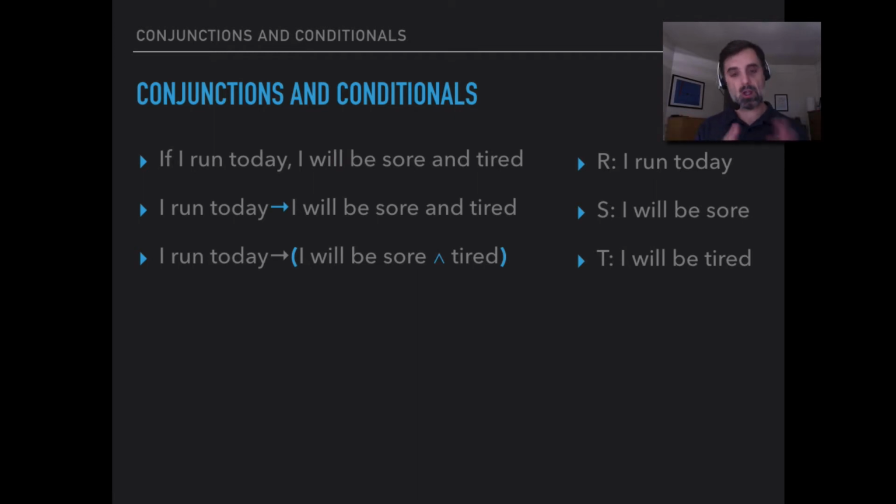The conjuncts are whatever is inside the parentheses, and we want to make sure that the left conjunct is just I will be sore. So we put in the parentheses like that. And that turns into if R, then S and T, where the parentheses are around just the conjunction.